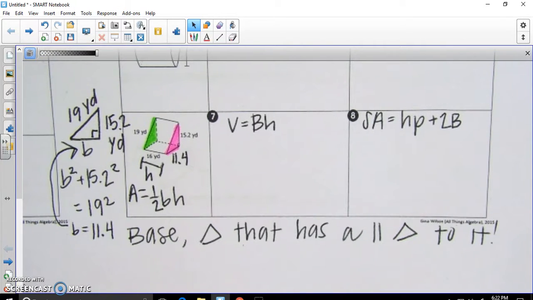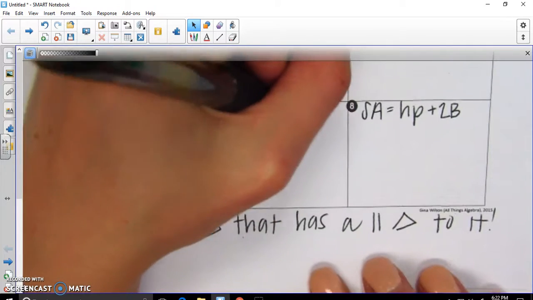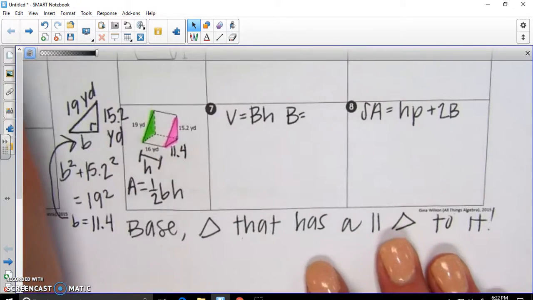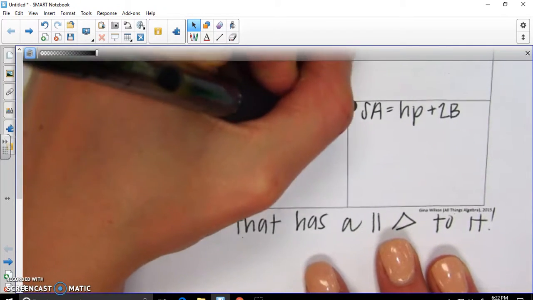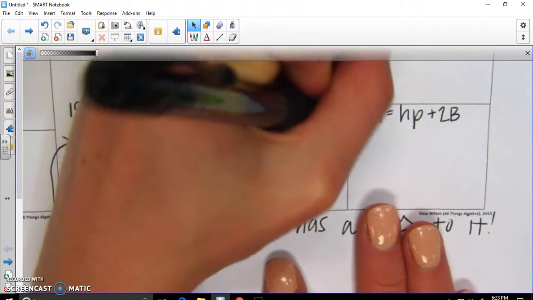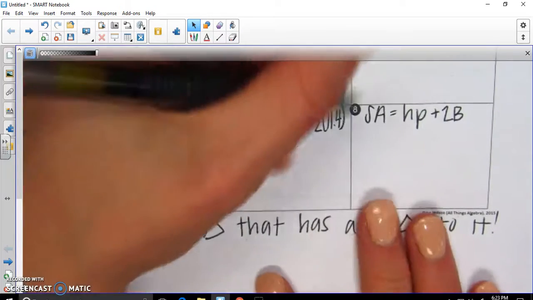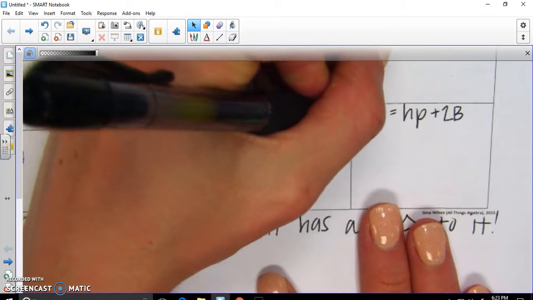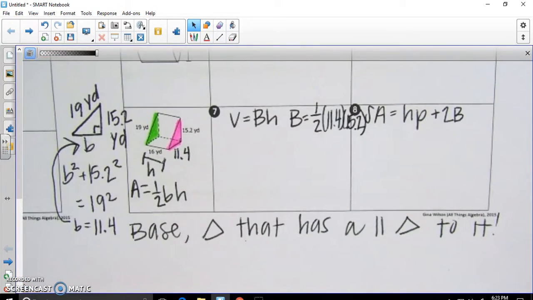So now we have enough information to find the area of the base, 1/2 base times height. So it's 1/2 the base of this triangle, 11.4, times the height of the triangle, 15.2. Sorry, I'm kind of running into my other box there. So 1/2 times 11.4 times 15.2.